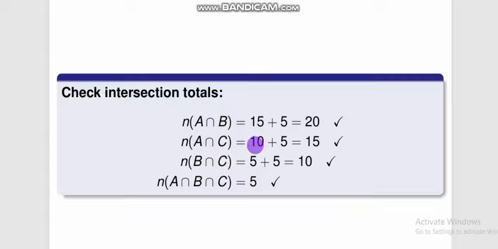You have A intersection C that does not include B, and the one that includes all of them. So that would be 15. B intersection C, you have B intersection C that does not include A, and then the one that includes all the three, so that will be 10. And for all the three, you were given 5.